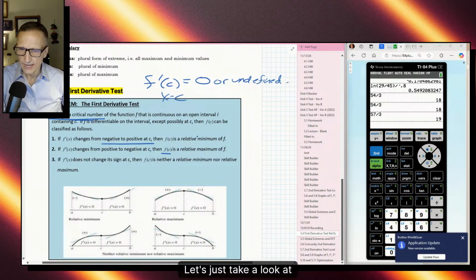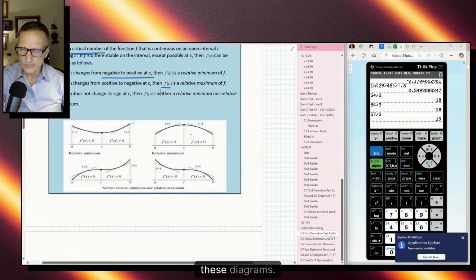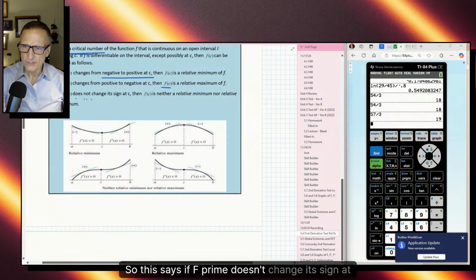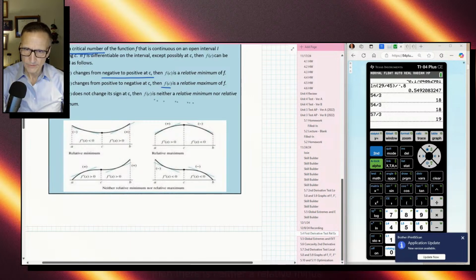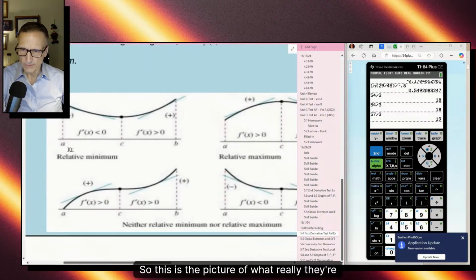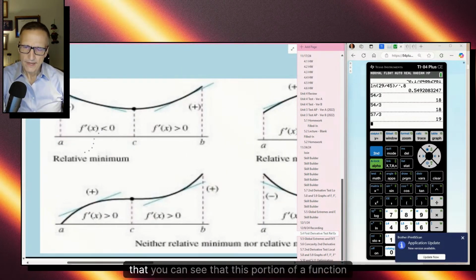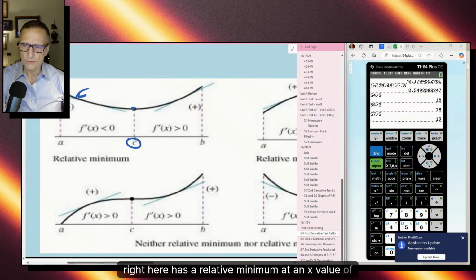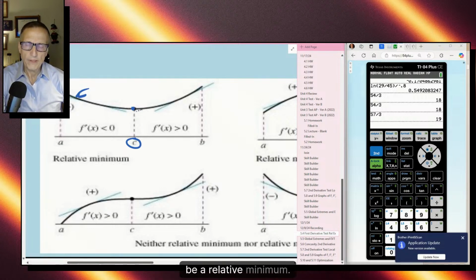Let's just take a look at these diagrams. This says if f prime doesn't change its sign at the critical value, then there is neither a relative min nor relative max. So this is the picture of what they're talking about here. You can see that this portion of a function has a relative minimum at an x value of c. And notice what has to be happening for there to be a relative minimum.